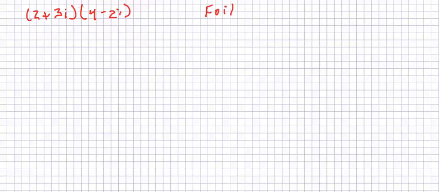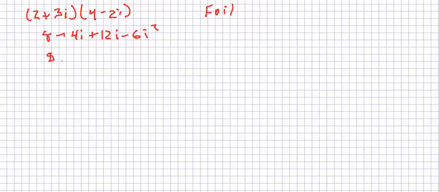So, 2 times 4, 8, minus 2 times 2, 4i, plus 3 times 4, 12i, and then minus 3 times 2, 6i squared. i squared, remember, is negative 1.